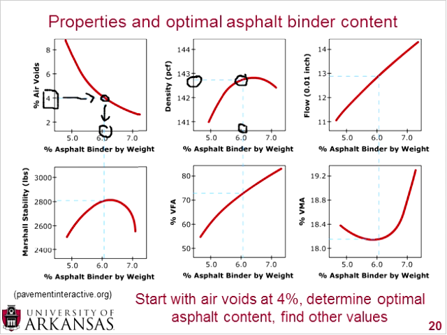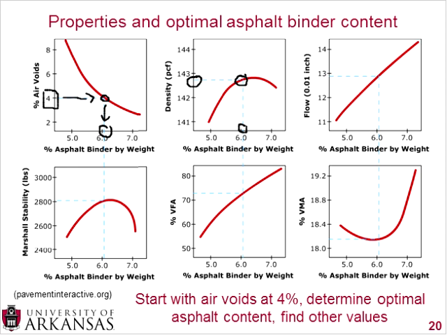So the first graph is going from the y-axis to the curve down to the x-axis, the air voids graph, but the 5 other graphs are actually going from the x-axis, the percent asphalt binder by weight, up to the curve and then over to the y-axis. And you can get your density, your flow, your Marshall stability, your VFA and VMA.